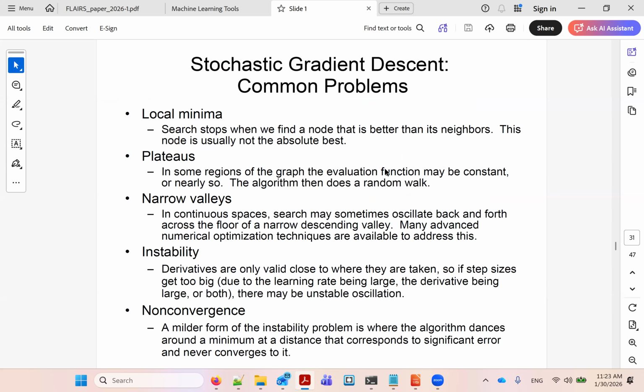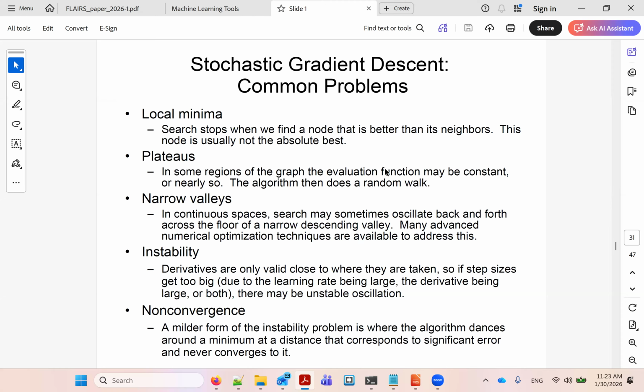All right. So I really need to merge these together. But this is the list of problems of stochastic gradient descent. You should recognize it because it's the same ones we talked about when we were talking about continuous hill climbing. Just with local minima instead of local maxima. It means the same thing.